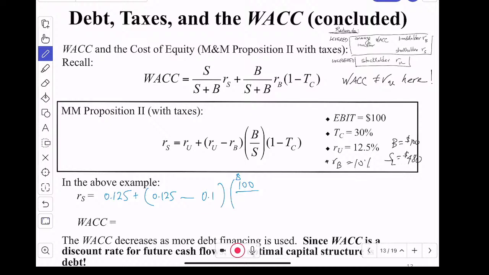You see, we need all those numbers. So then this is going to be 480, and then 1 minus 0.3. There you go. Calculate that and let me know what you get.